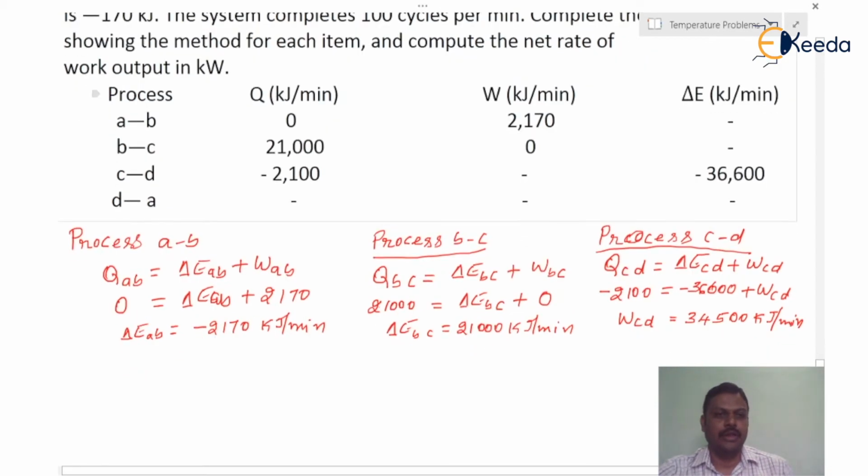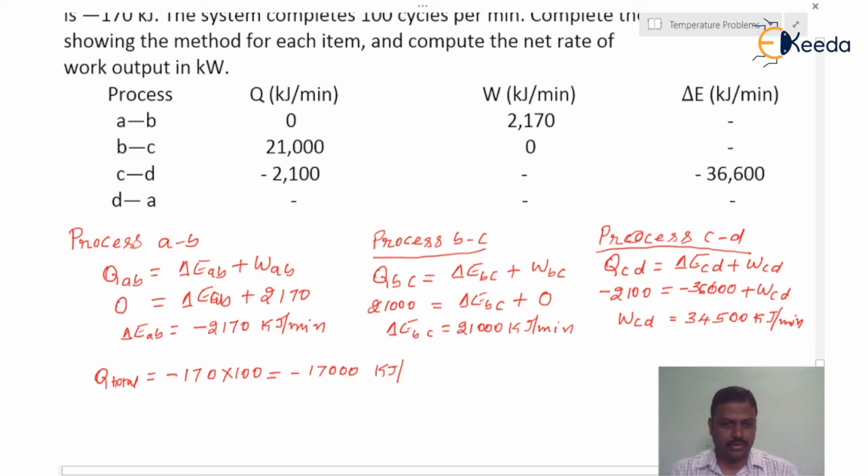So Q total will be minus 170 times 100 cycles per minute, so this will be minus 17,000 kilojoules per minute.